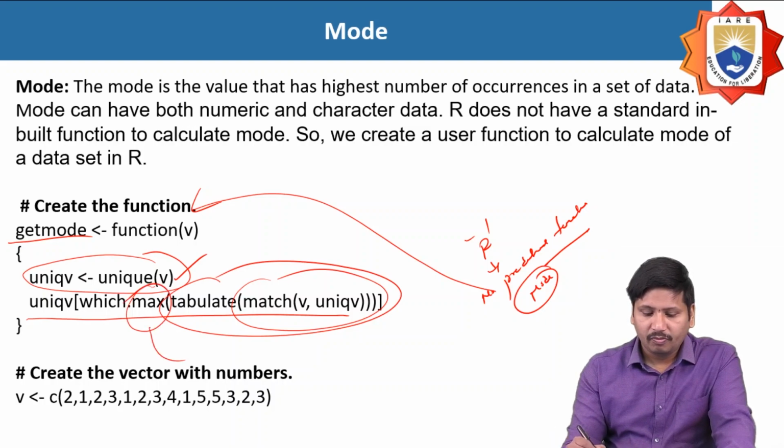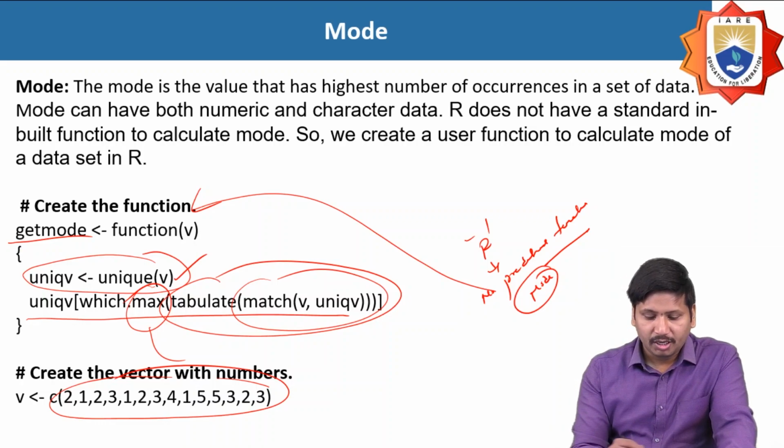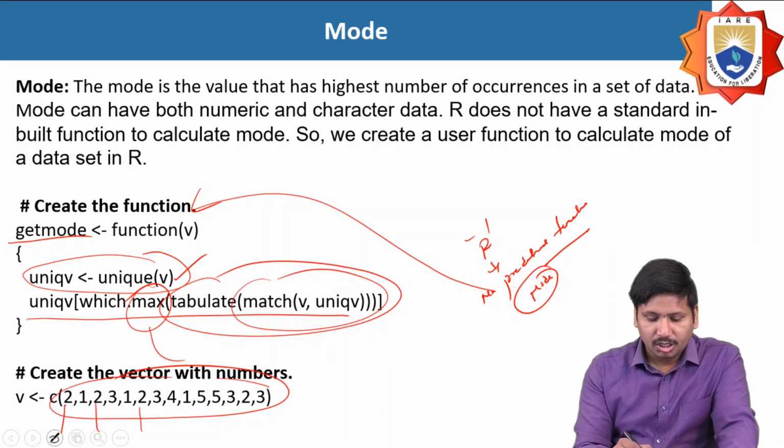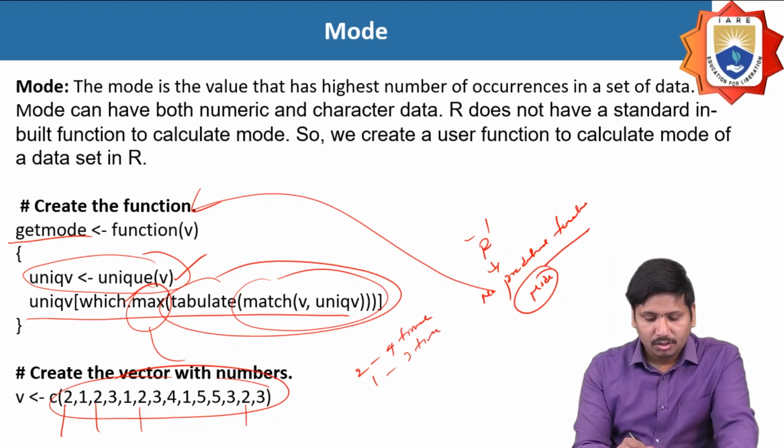So among all these numbers I'm going to find out which occurs the most number of times here. So 2 is 4 times, 1 is 3 times, 3 is 4 times, 2 is 1 time, and 5 is 2 times.